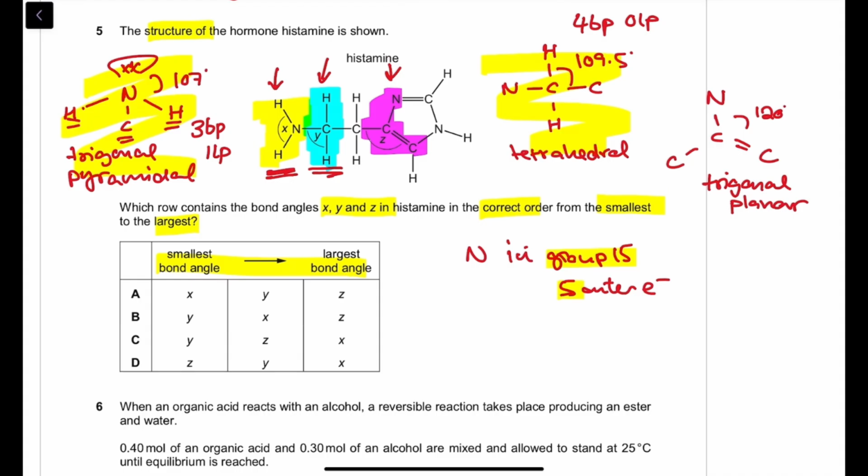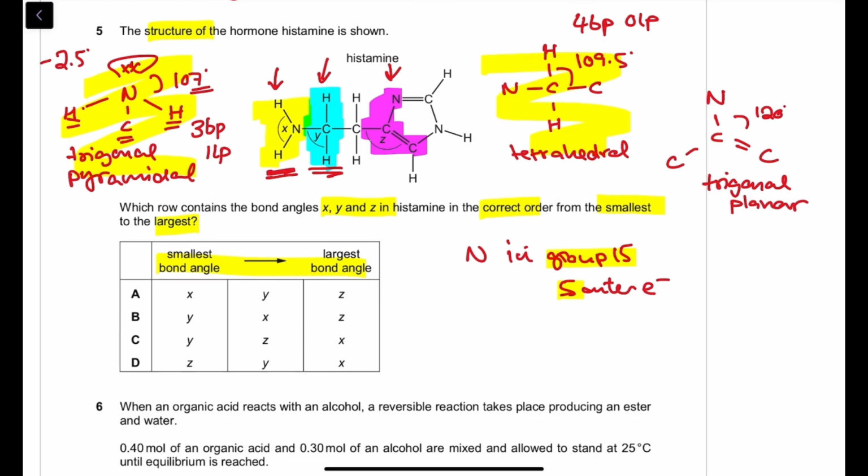Therefore, we have the trigonal pyramidal structure, and because there are 4 pairs, you have that tetrahedral shape, but because one of them is a lone pair, we get minus 2.5 degrees from the tetrahedral bond angle, which is 109.5 degrees, which leaves us with 107 degrees.